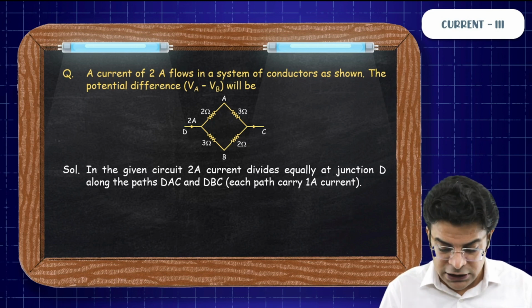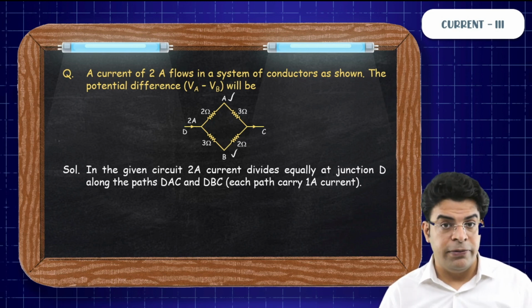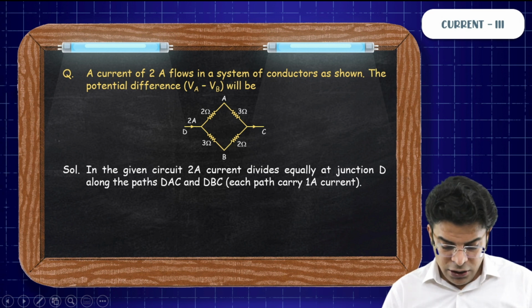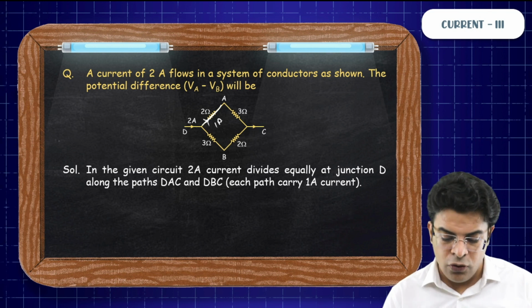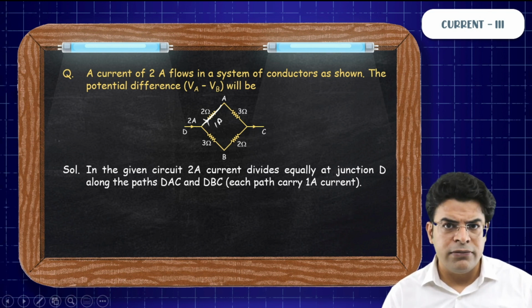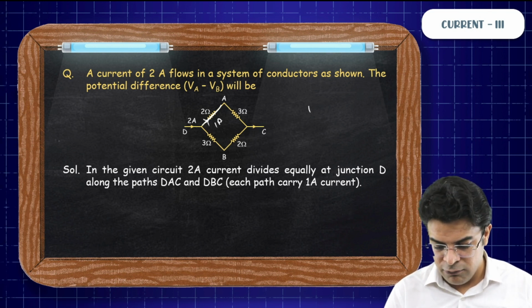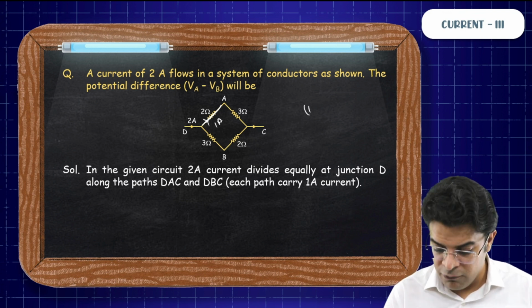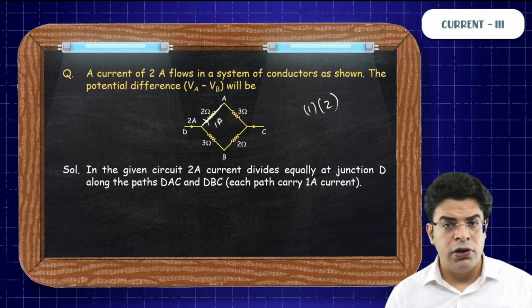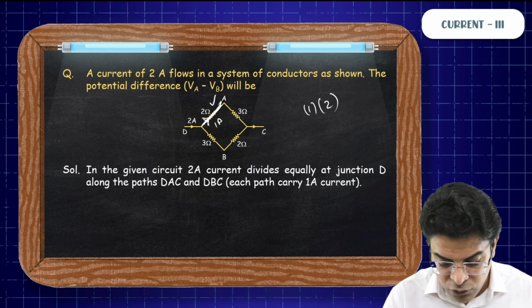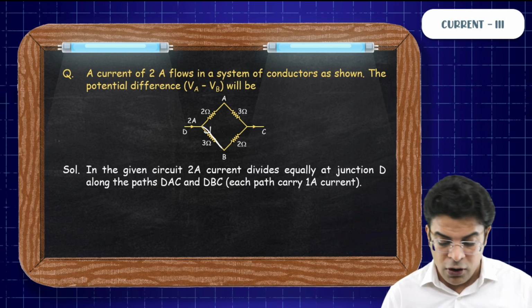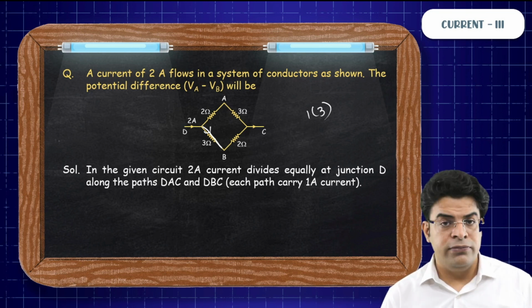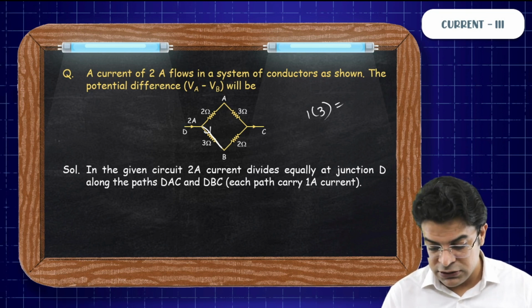Our mission is to find VA minus VB. Okay. Now you will say, when the current of 1 ampere flows through this 2 ohm, there will be a potential drop, right? How much? I into R, 1 ampere into 2 ohm. So there will be a potential drop of 2 volt across this 2 ohm. Similarly, there will be a potential drop of 1 into 3, I into R, across this 3 ohm.